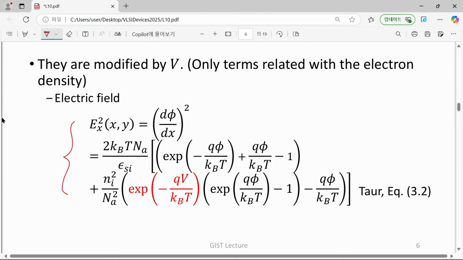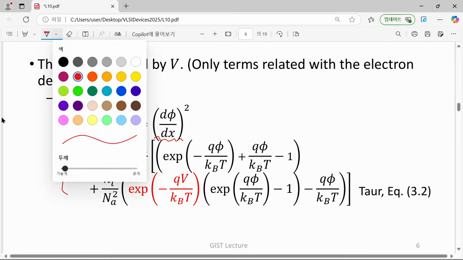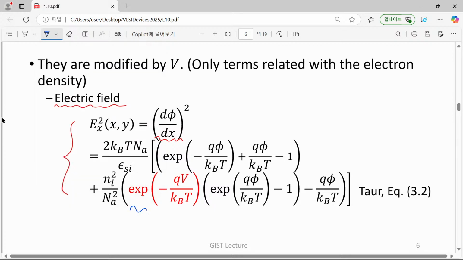When you look at the expression for the square of the electric field, it can be written in this form, and you may find this red colored part. This red colored part is effective only for these two terms, and these two terms originate from the electron-related one. All other parts are not related to the electrons.